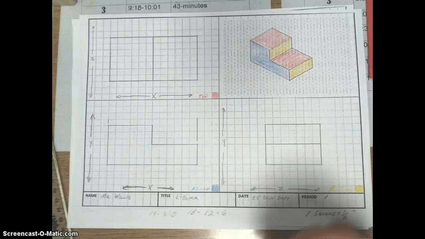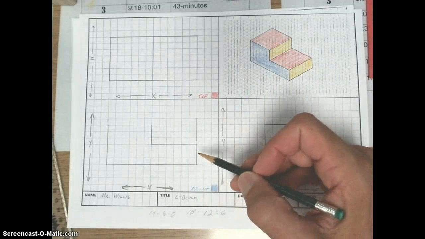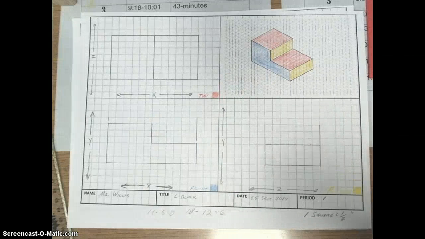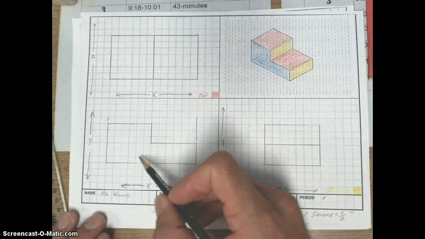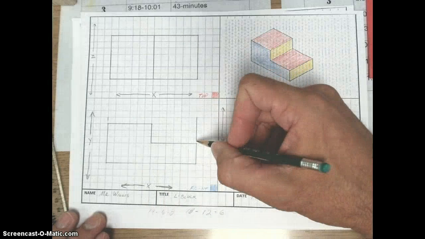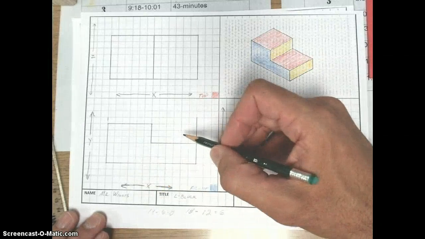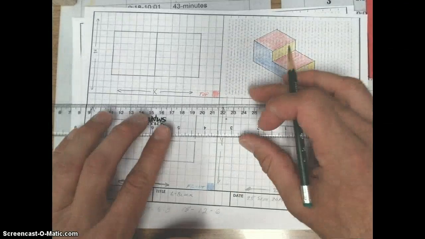Okay? So one rule would be that your extension lines should never touch or cross over your object. Another rule is that you should never write a dimension on top of your drawing. And that's why I extended this all the way out instead of running it through the drawing here. Okay? So those are extension lines.